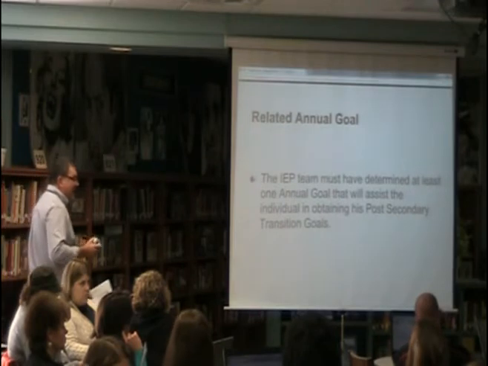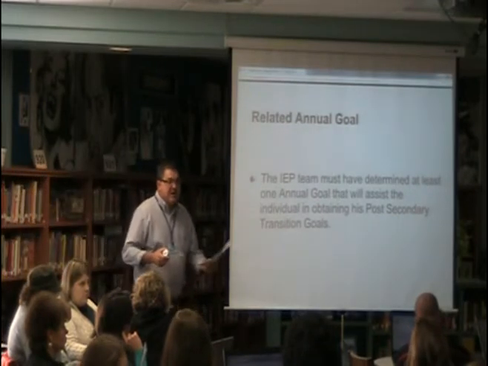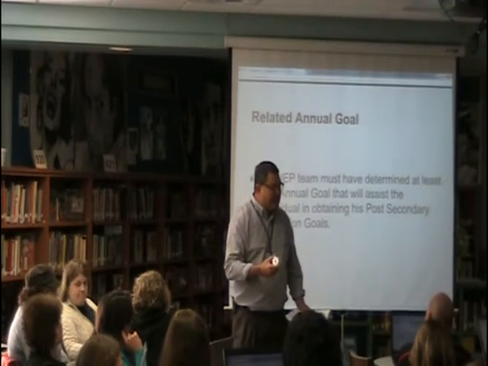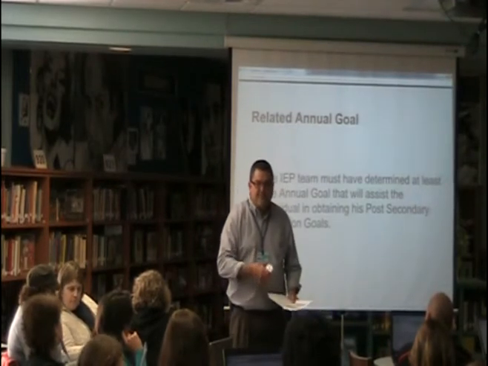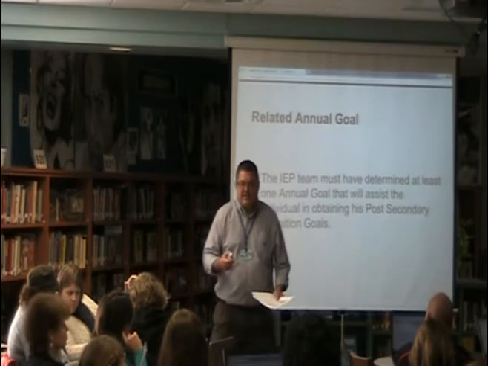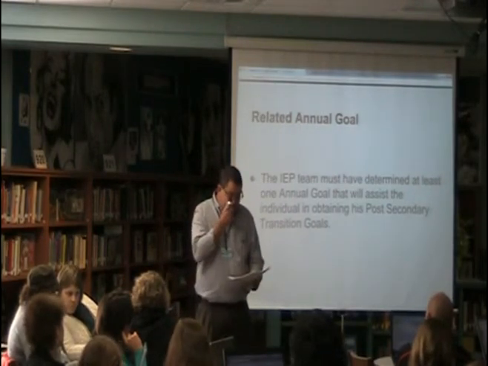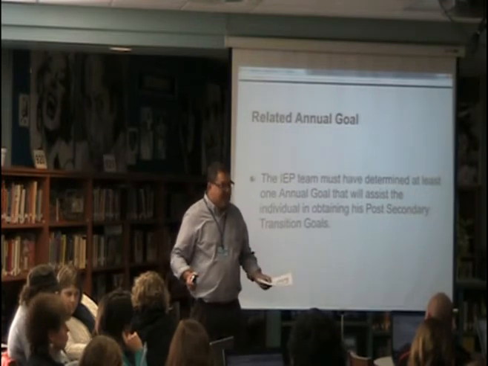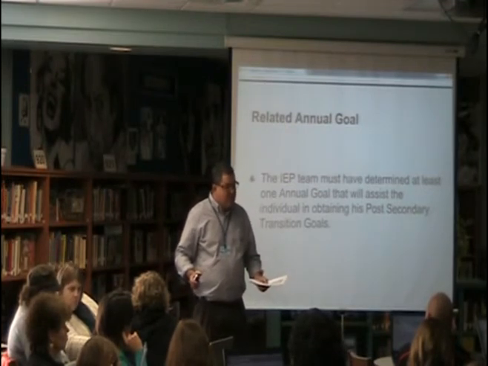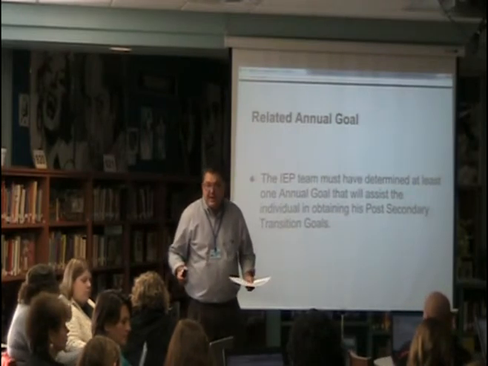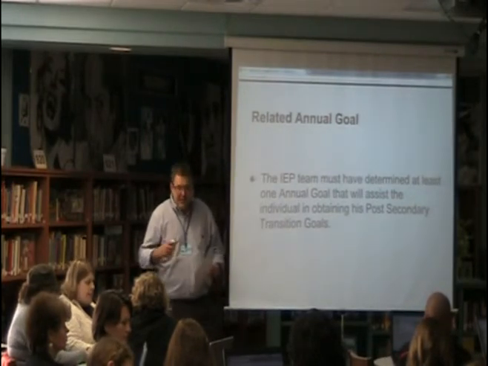A student's goal to improve reading and writing, and that student wants to go to college, that is related to that task of going to college. Improve their chances of doing well on the ACT, and the kid will have a chance to get into college. Sometimes, though, you don't have anything that relates, then you might have to figure out a goal that relates. And you have to be thinking about that.